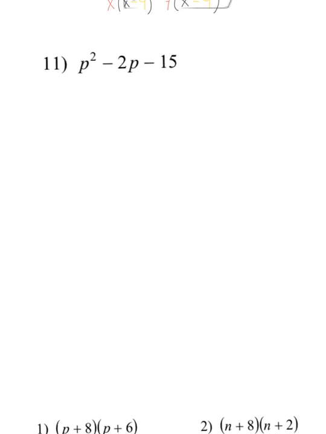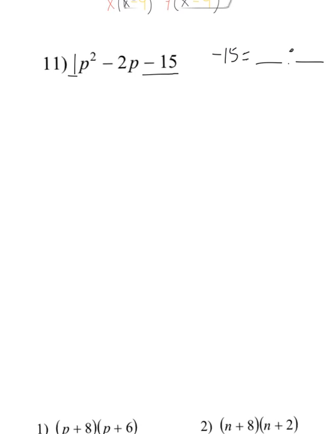We're going to multiply negative 15 and 1, the constant and the leading coefficient, which is going to be negative 15. We want two numbers that multiply to get negative 15.